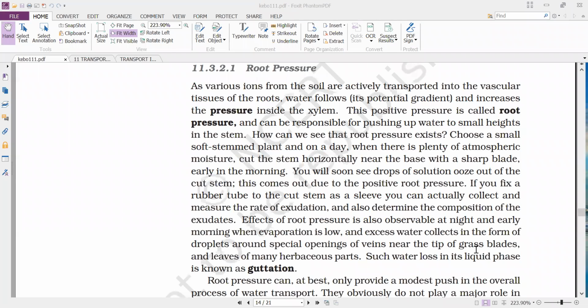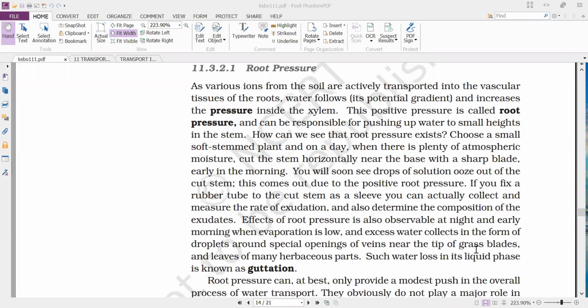That means we can observe root pressure very clearly in grass plants, because grass plants grow very small. During the early morning, when the moisture in the atmosphere is very high and the transpiration rate is very low, we can observe small droplets of water coming from the endings of the veins of the grass leaves.